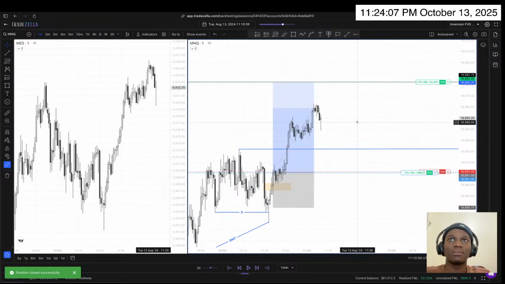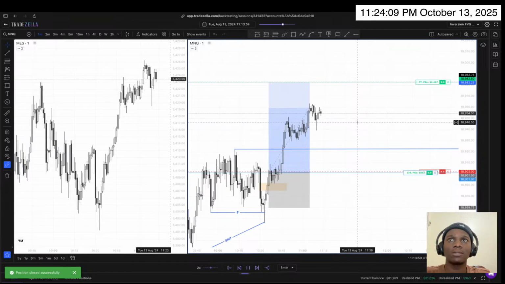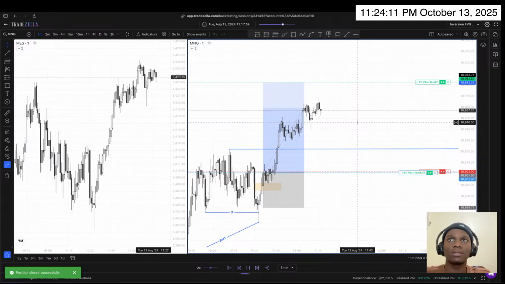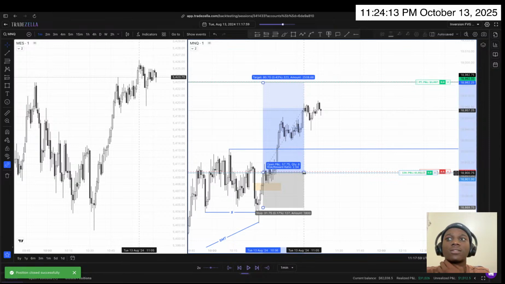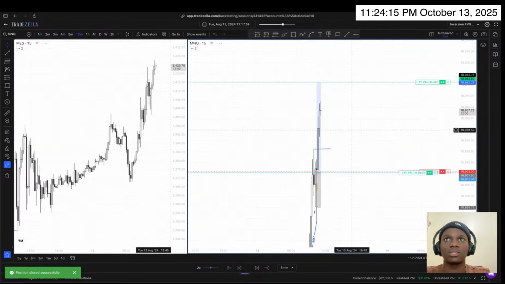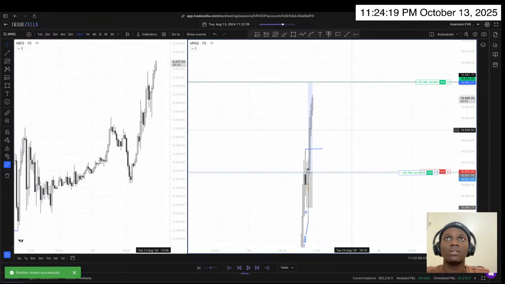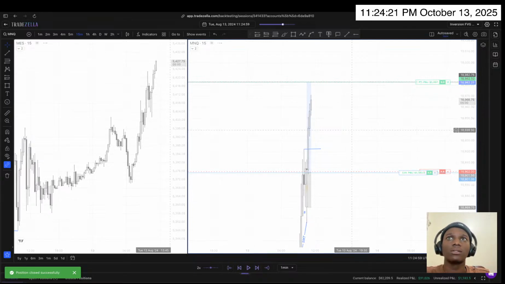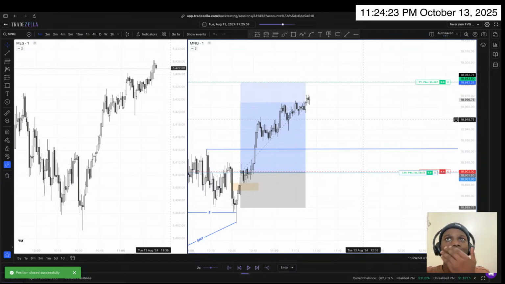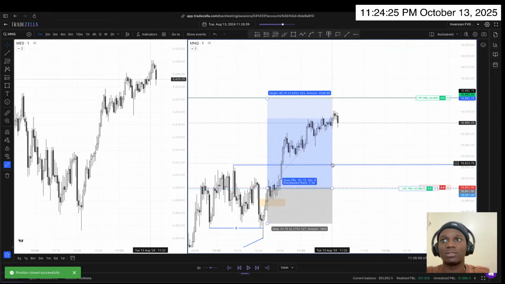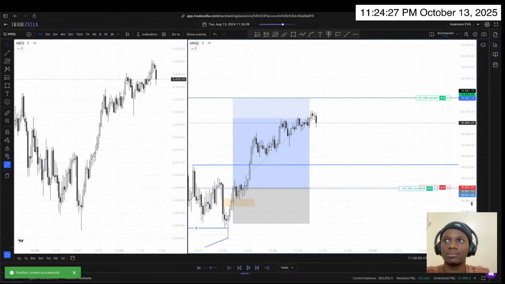Okay, fair value gap. Okay, pretty close to launch. It's really slow now. I'd like to close it.